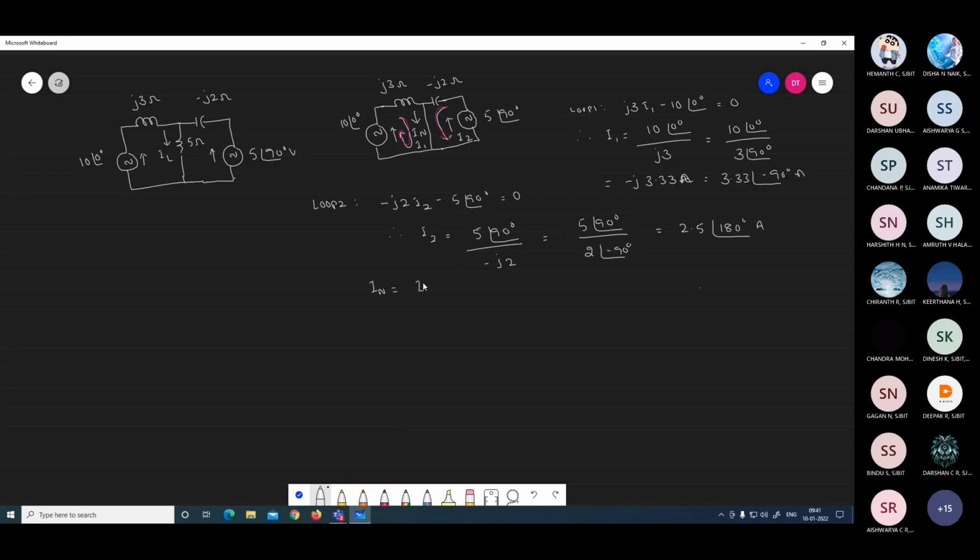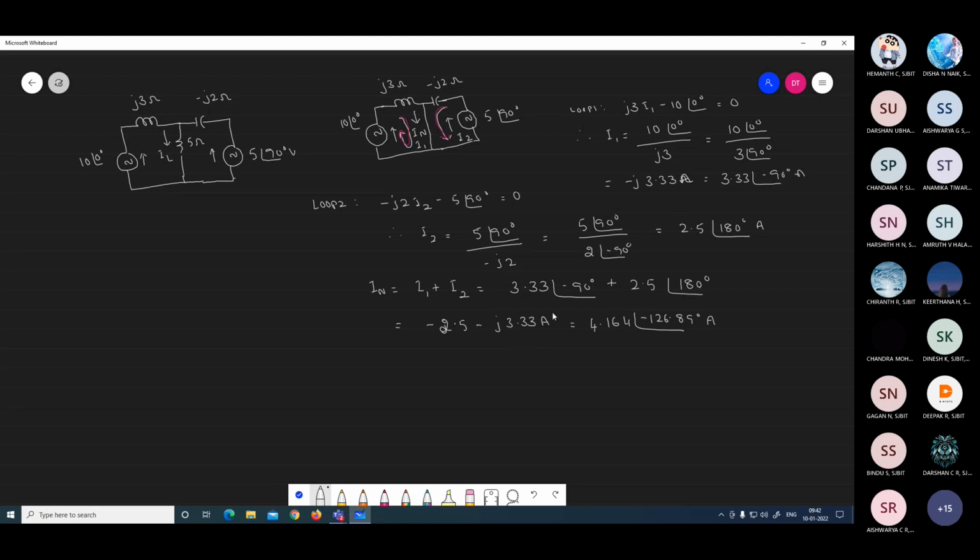Adding both currents, we can write 3.33 at an angle of minus 90 degrees plus 2.5 at an angle of 180 degrees. Simplifying this, it is minus 2.5 minus J3.33 amps. This is equal to 4.164 at an angle of minus 126.89 degrees amps. This is your Norton's current.